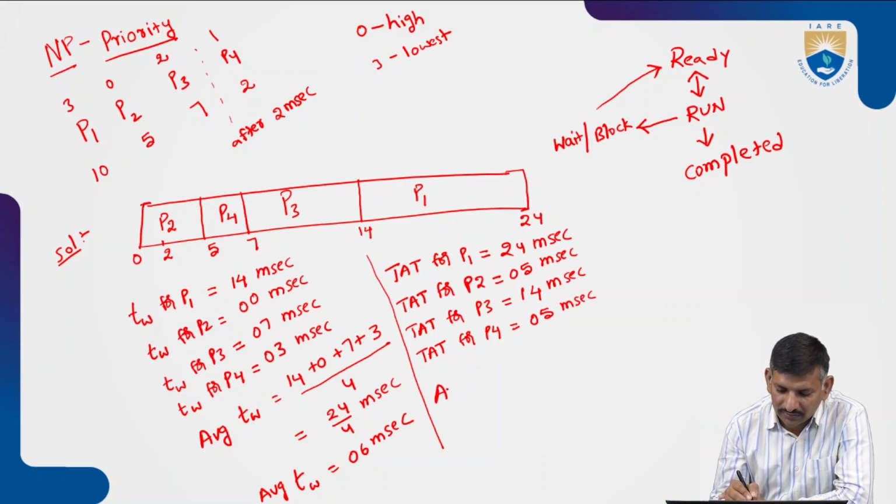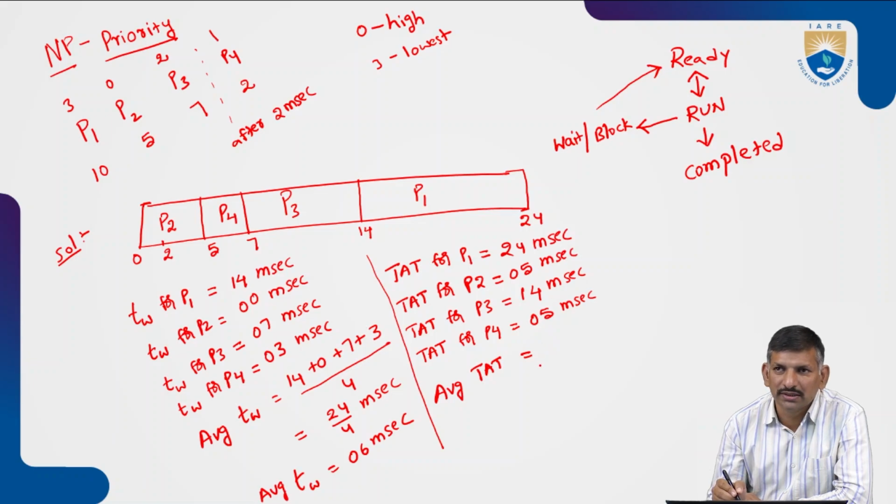So the average turnaround time is the sum of all these turnaround times divided by 4.